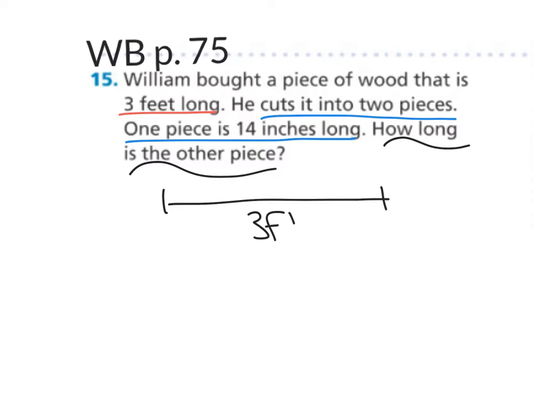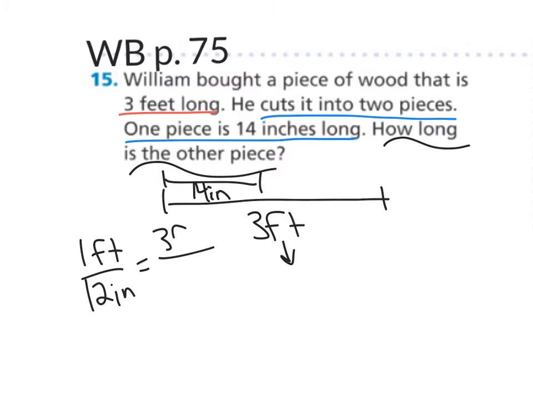So it's 3 feet, and the one piece we cut off is 14 inches. So what we want to do is figure out the 3 feet, how many inches that is. And so you might know 1 foot is 12 inches. So 3 feet would just be 3 times that amount, which is 36 inches.